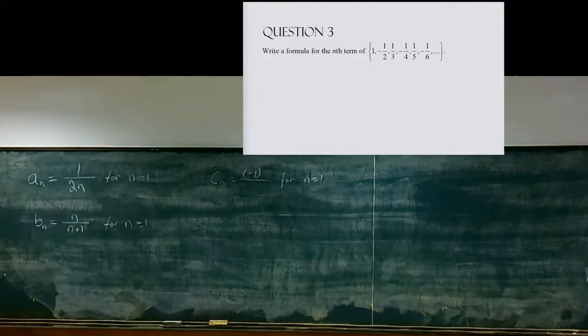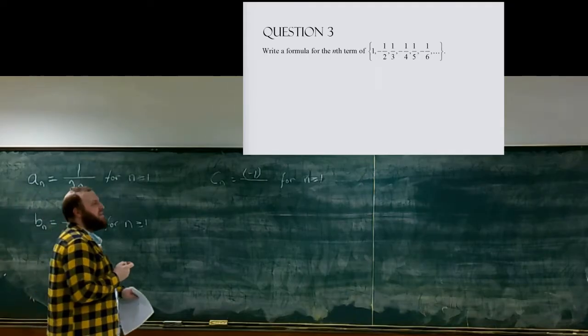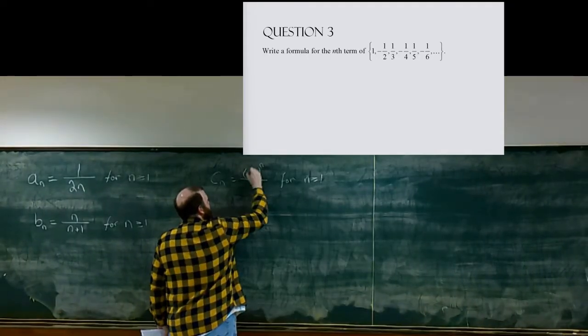So even is positive, odd is negative. What happens if we raise a negative number to an even power? It's positive. What if it's raised to an odd power? So if the odd terms are positive, it can't be that.